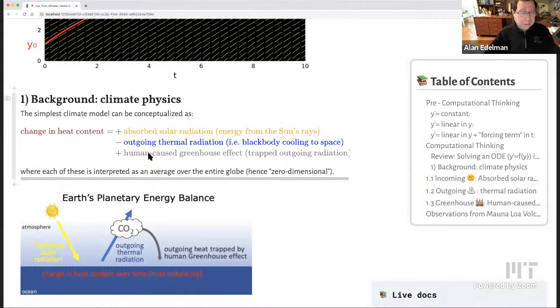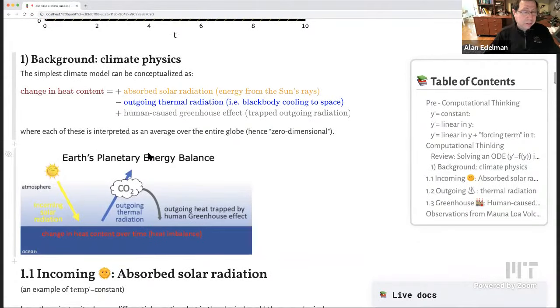So here's a little picture that shows roughly what's going on. Here's this happy sun heating the Earth, so we get our incoming solar radiation. And here's the outgoing. Before there was carbon dioxide, this thermal radiation would just go completely outward. That's the blue. You'll see this is all color coded very nicely.